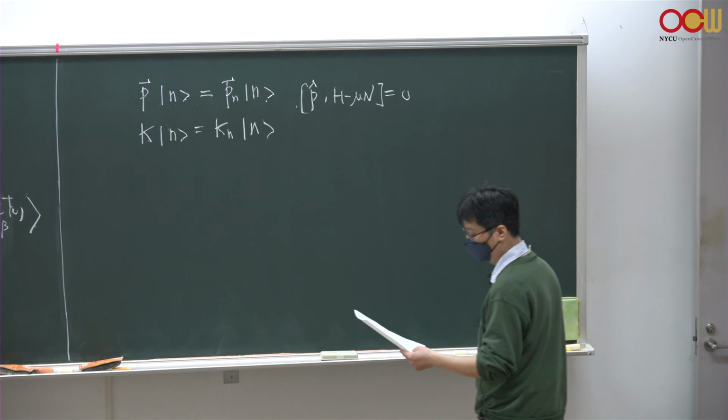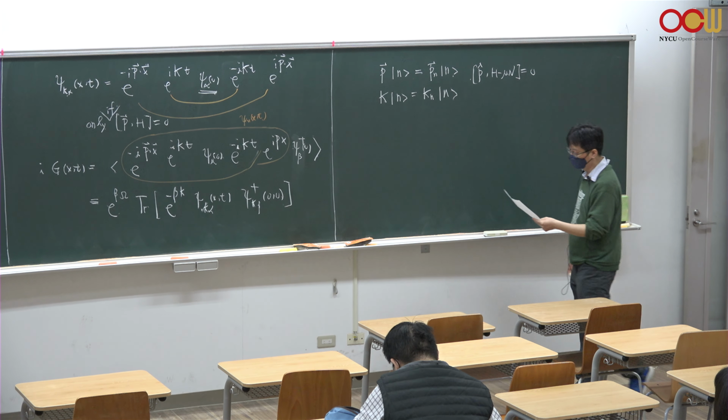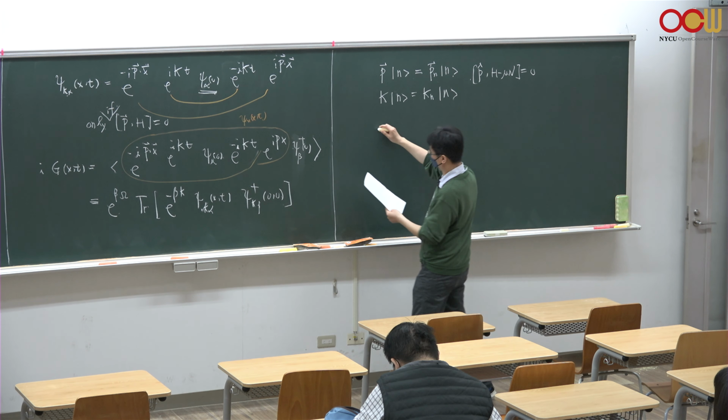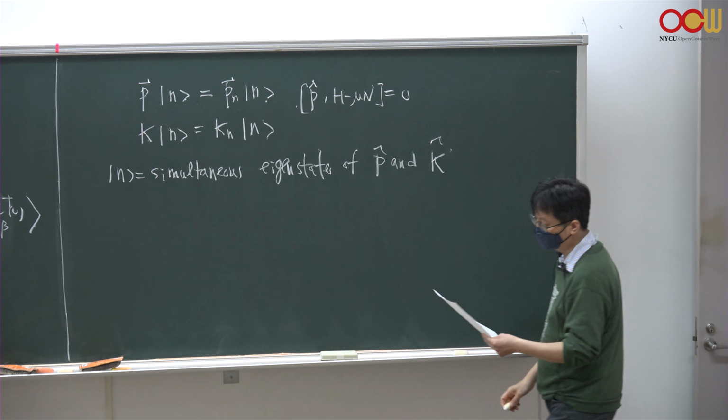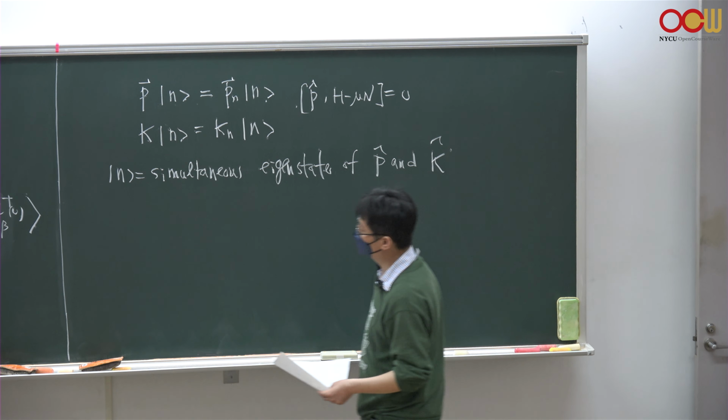But in this case, since p commutes with K, the obvious natural candidate for this basis is the simultaneous eigenstate n. So we can expand the trace of this complicated operator product in terms of the simultaneous eigenstates of the momentum and Hamiltonian operators. So let's do it.